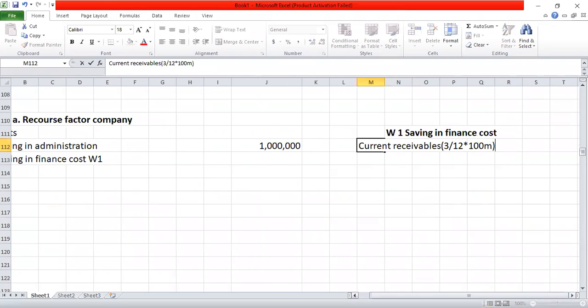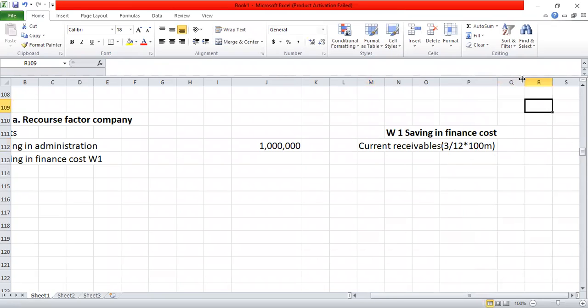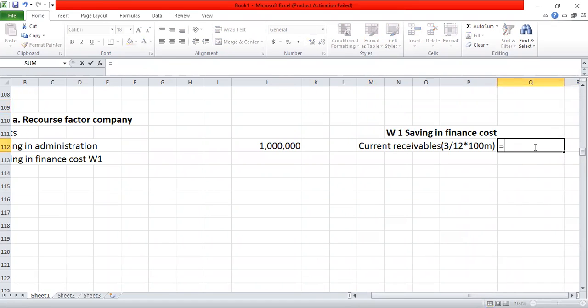That's going to be the current receivable.